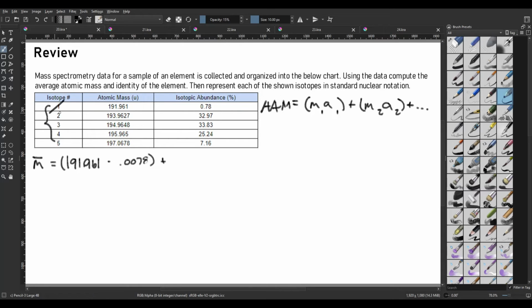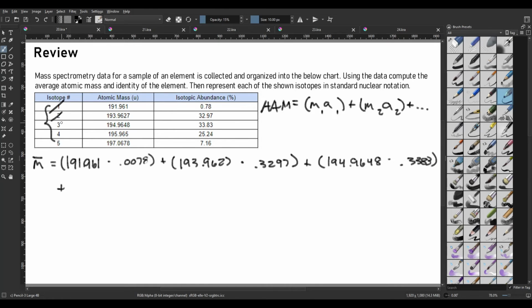Let's cross that one off. The next one is going to be 193.9627 multiplied by 0.3297, or relative percent abundance. Second one done. Our third isotope is 194.969648 times 0.3383, plus.